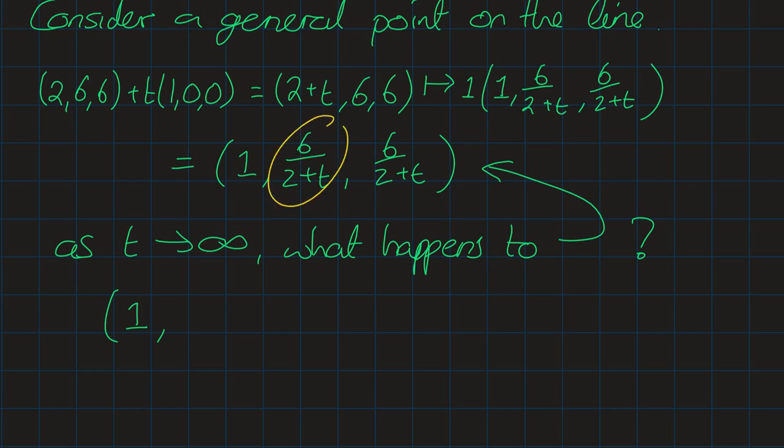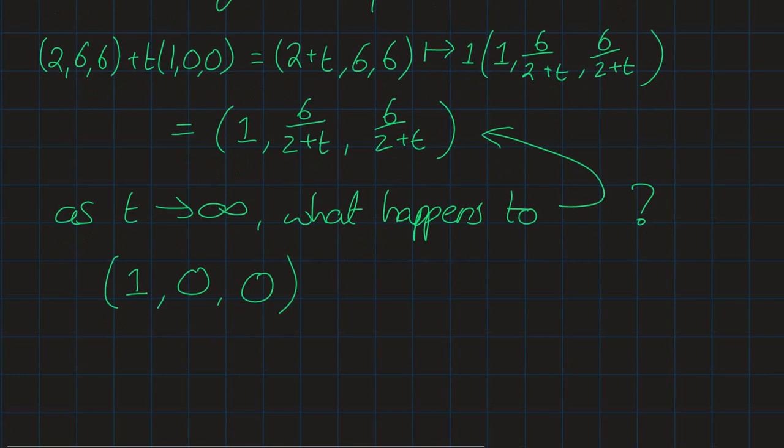So this fraction is a fixed number divided by something which gets really big, which means the whole fraction is going to get really small. So as t goes towards infinity, this vector tends towards (1, 0, 0).